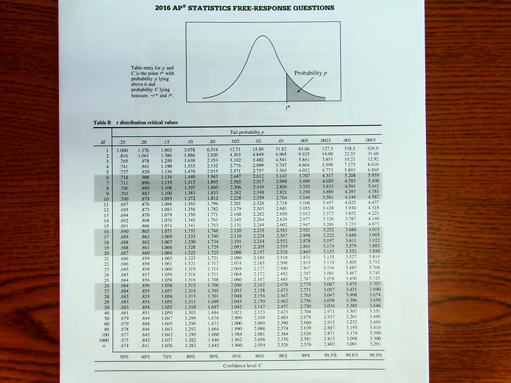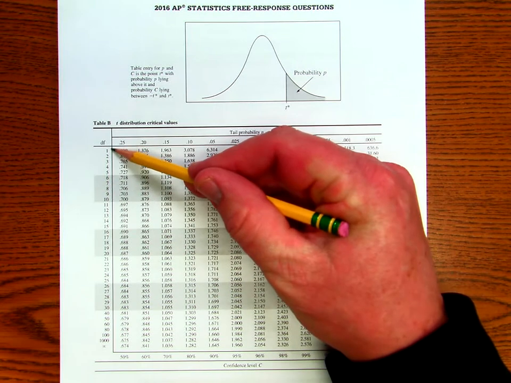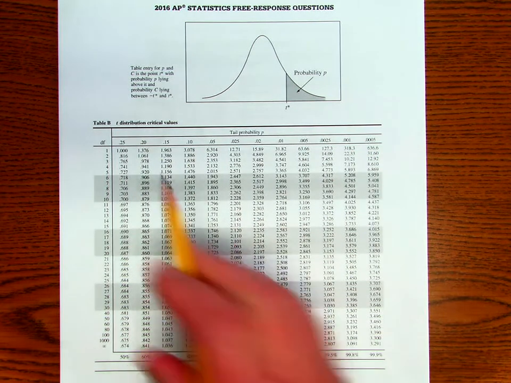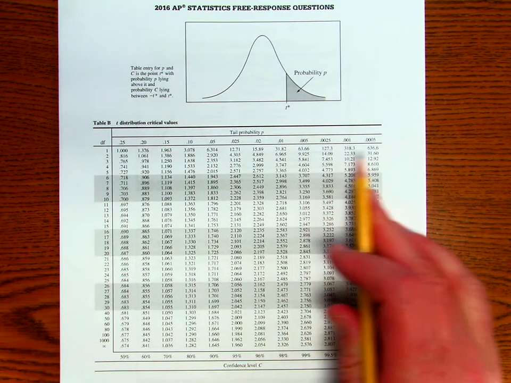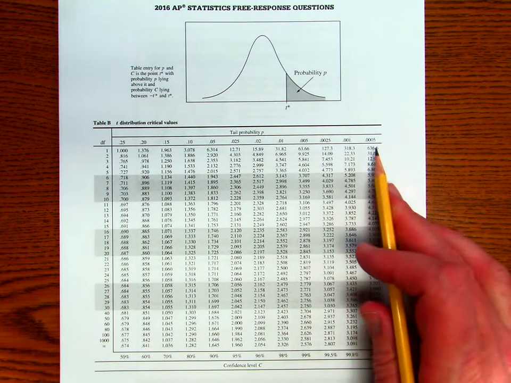If you are doing it as an in-class assessment, I would give you a copy of this. Going down this way are your degrees of freedom. Going across is your tail probability.